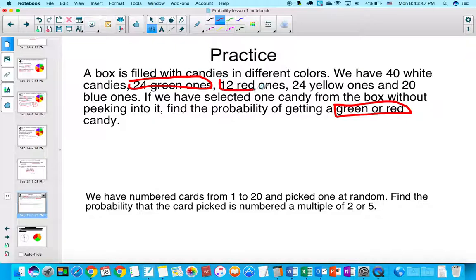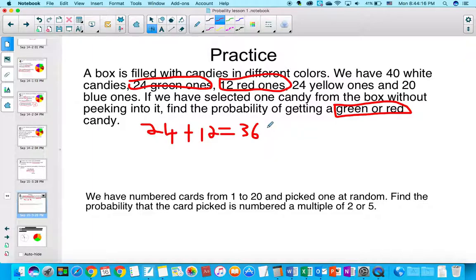And we have 12 red ones. So the total outcomes we want is 24 for the green, plus 12 red, which gives us 36, right? So we have 36 potential outcomes that would give us a result that we are looking for.